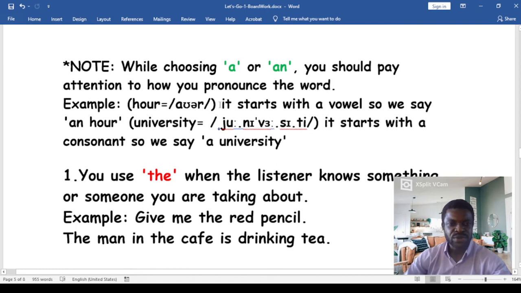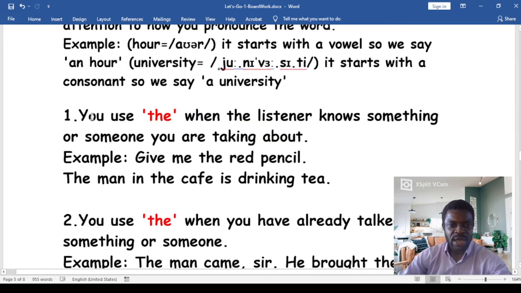Even though it starts with a vowel, we use a, because the sound of university is like Ju. University, university. It starts with a consonant sound, so we say a university and not an university. Take note of that.